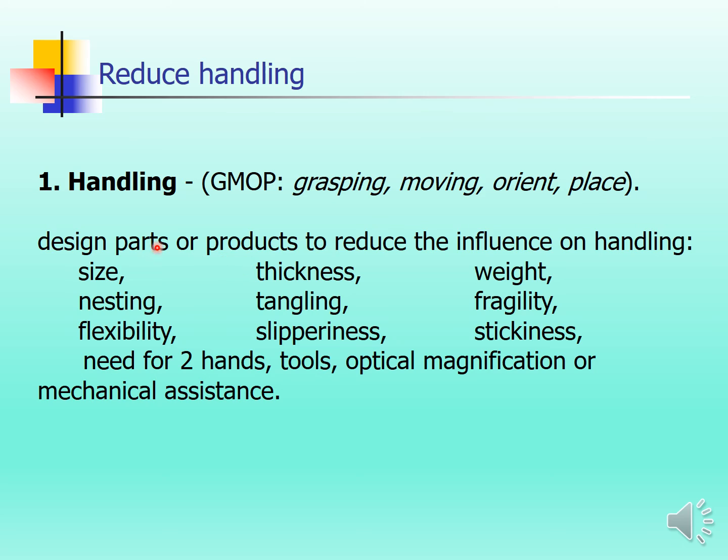Design the parts of the product to reduce the influence on handling. We can change size, nesting, flexibility, thickness, tangling, slipperiness, weight, fragility, and stiffness. We must consider the need for two-hand tools, optical magnification, or mechanical assistance. This is how we consider it.